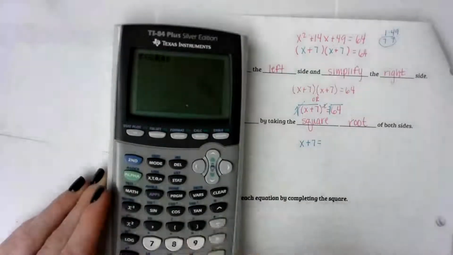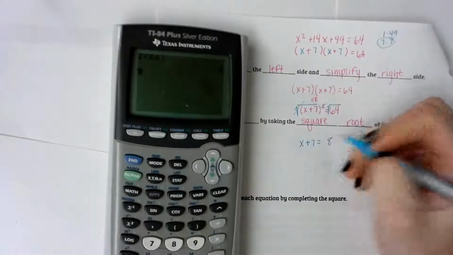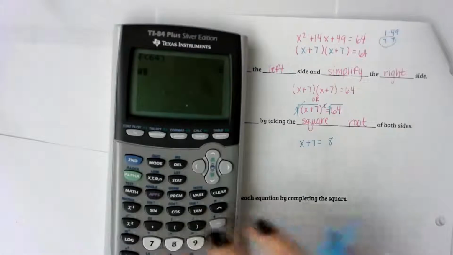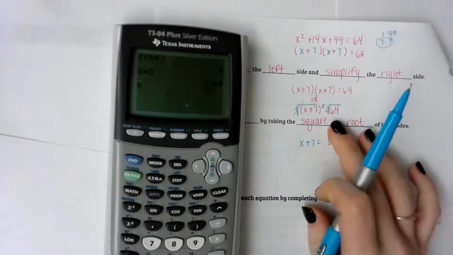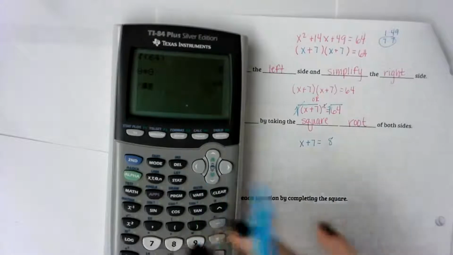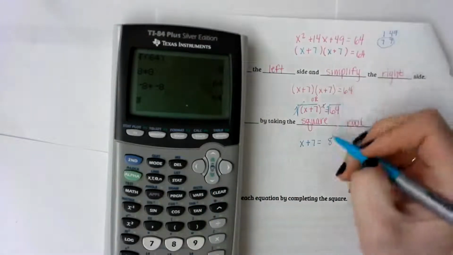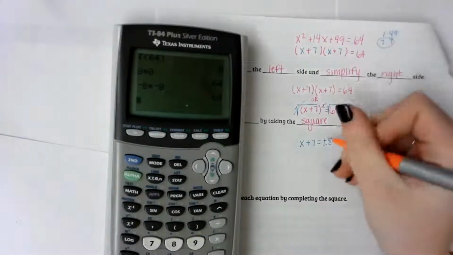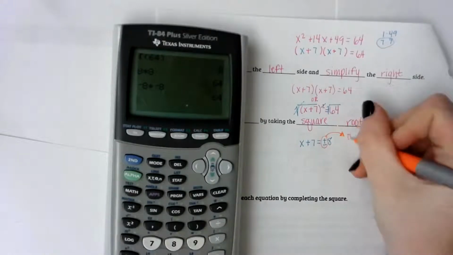So 64 is 8. Now, when you take the square root, all that you're doing is trying to find the number that when you do 8 times 8 equals that number, so 64. But remember that also negative 8 times negative 8 equals 64. So you need to put a plus or a minus there. So don't forget this because this is how you get your two answers.